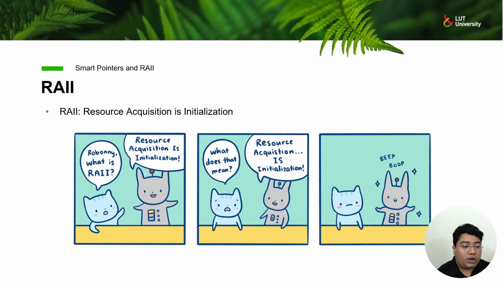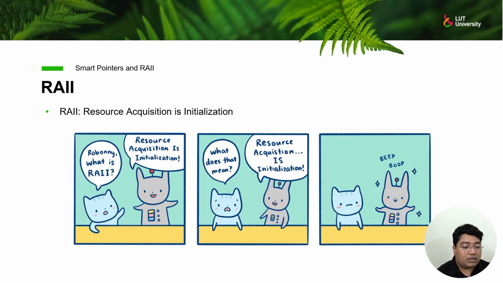Whenever an object is created, it acquires the resources it needs. That resource might be heap memory, it might be an open file, it could even be a network socket or a mutex lock. From that point on, the object is responsible for managing that resource.